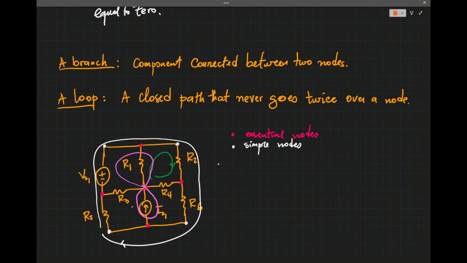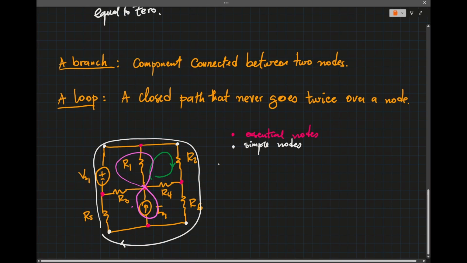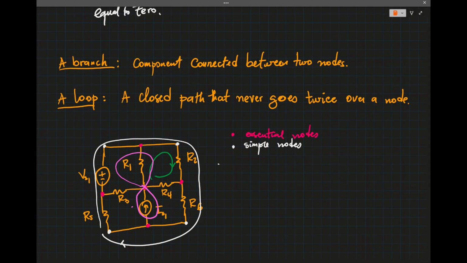For example, I leave this point and I come back to that point, but as you can see, I went through the middle node twice, right?